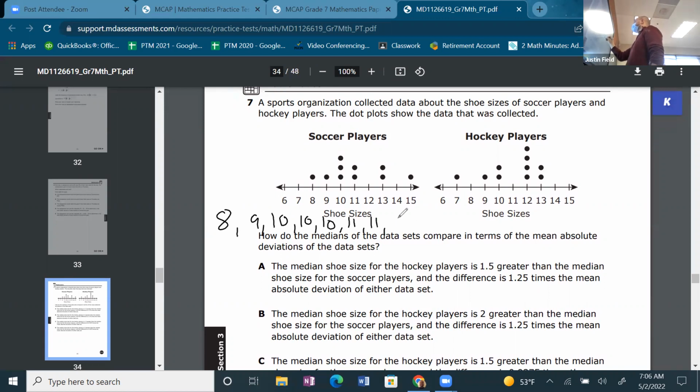So I'm going to list out the shoe sizes and then cross off until I get to the middle, and there are 2 left. And so the median is in the middle of 10 and 11, or 10.5. Now I'm going to find the hockey players.